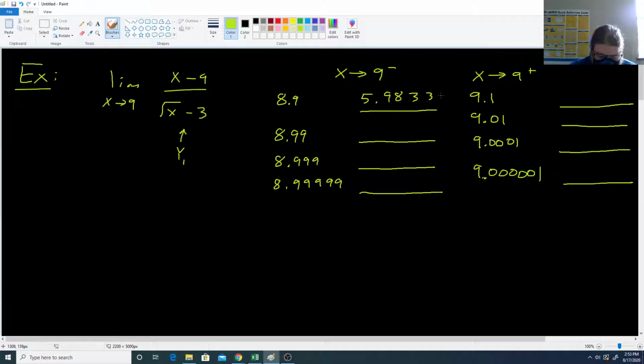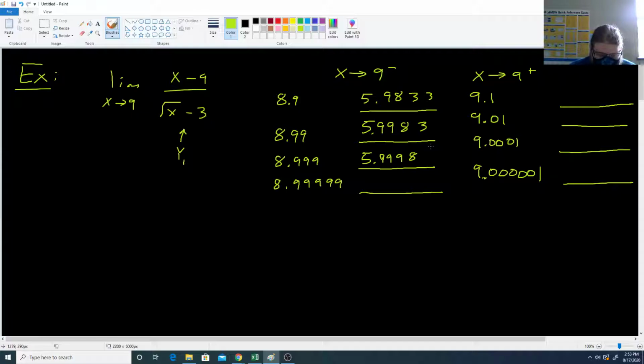When I put 8.9 in, I get 5.9833. When I put 2 nines in, I get 5.9983. When I put 3 nines in, I get 5.9998.